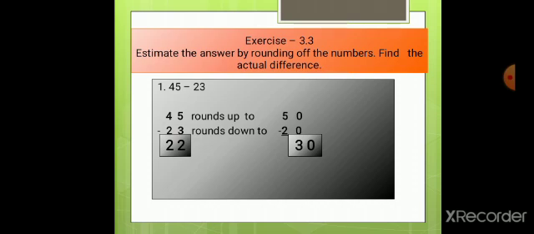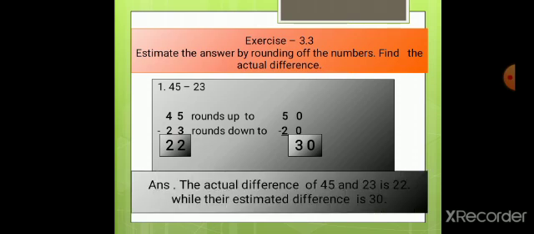So you will write the answer line also, that the actual difference of 45 and 23 is 22, while the estimated difference is 30.